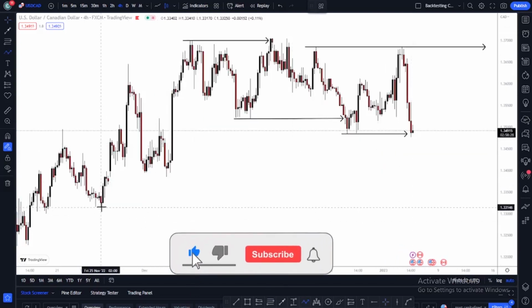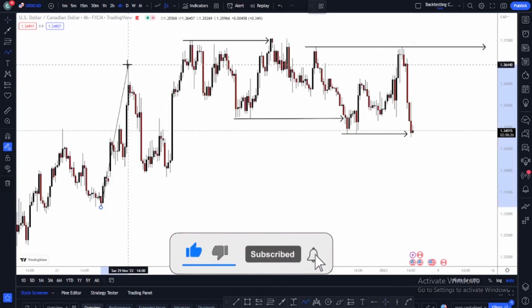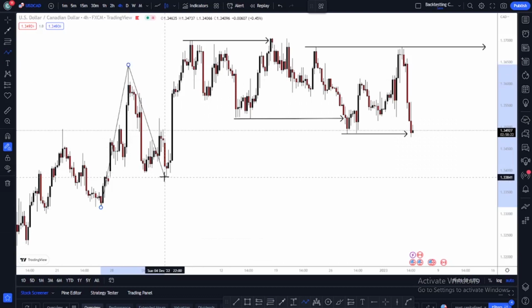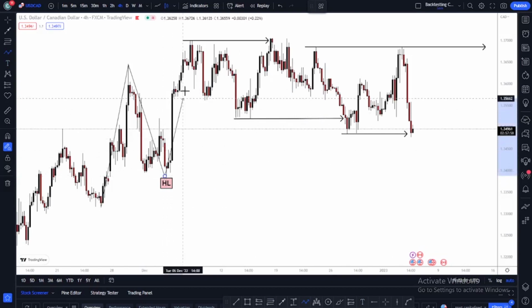So we have this higher high right here, which created a higher low. After creating this higher low, what did the price do next? It went ahead and created a new higher high.